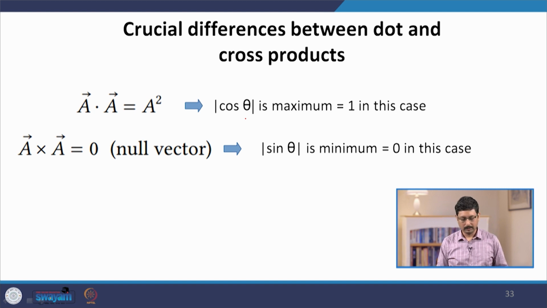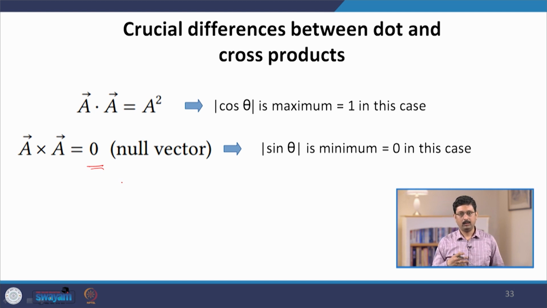Whereas, if you take the cross product of a vector with itself, you get the null vector or 0, because in the cross product what goes into the formula is the sine of the angle, and when theta is 0, the magnitude of sin theta is minimum, which is 0. So, this is another difference between a dot product and a cross product.